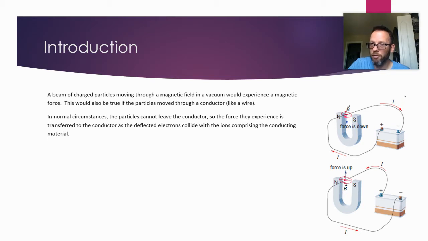We understand that it's free electrons moving inside a wire that provide the current, but in our diagram the current, the direction of positive charge, is flowing away from the positive towards the negative. The actual electrons would be going the other way. I'll just say electron flow. So just something to keep in mind.